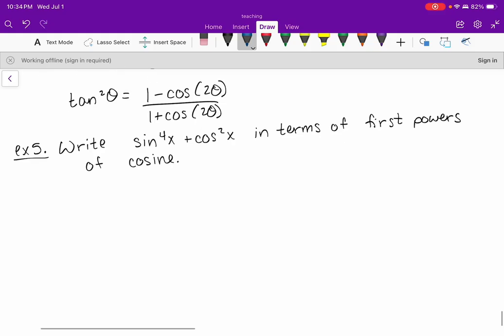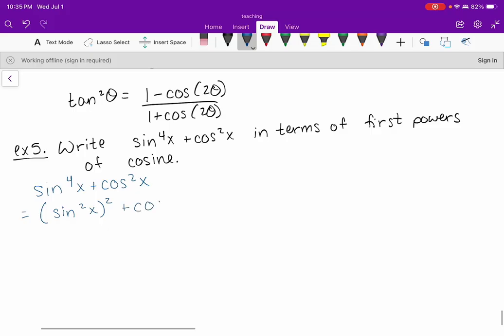I'm going to start off with sine to the fourth x plus cosine squared x. First, I'm going to change this sine to the fourth x to sine squared x, squared.